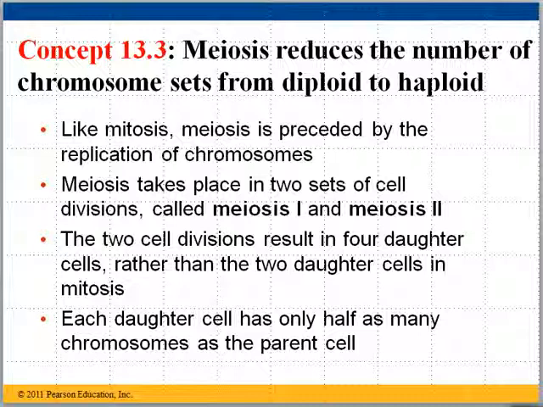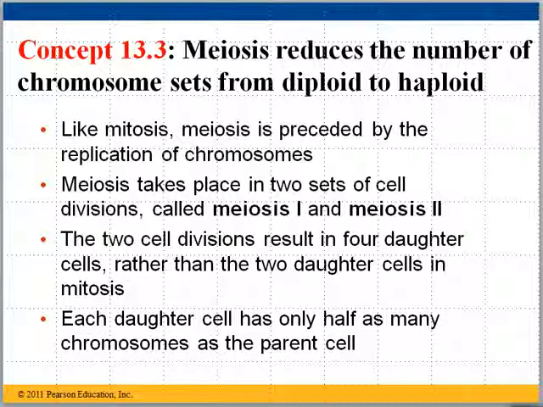But basically there is a variation 1 and a variation 2, but they do follow a lot of the same trajectory and a lot of the same things happen. We're going to mention some of the details because particularly in the first stage, meiosis 1, there's some slight differences, some important things that go on. These two cell divisions, in the end, are going to result in 4 daughter cells rather than 2 daughter cells in mitosis.